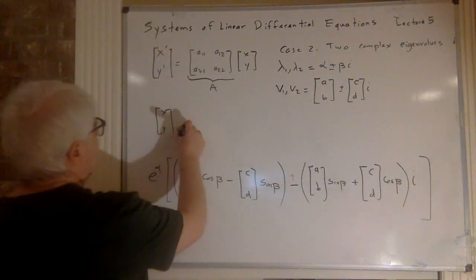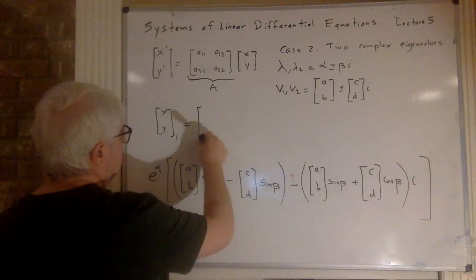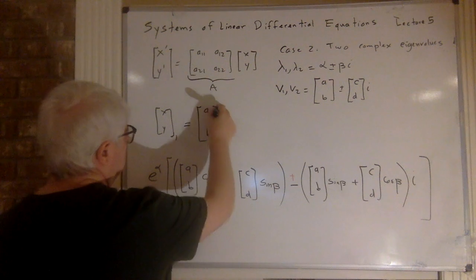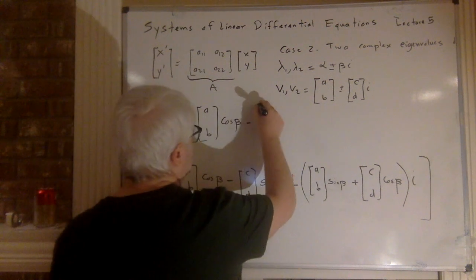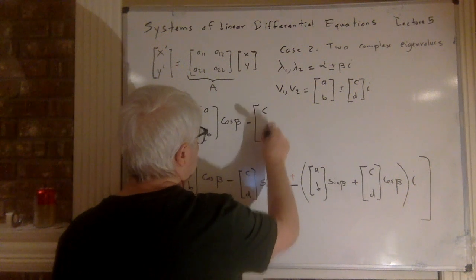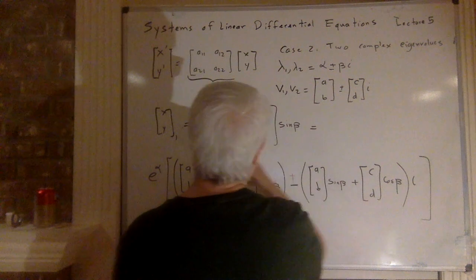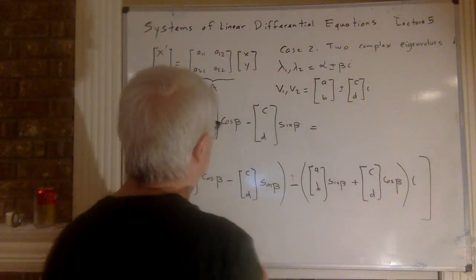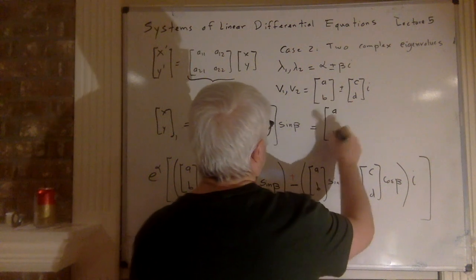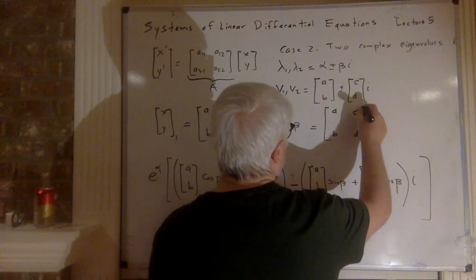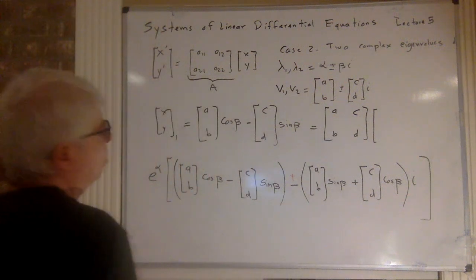Say the solution number 1. Let's just pick this one. So that is A, B cosine beta minus C, D sine beta. And you can tell that this is in fact this: A, B, C, D times cosine beta, minus sine beta.